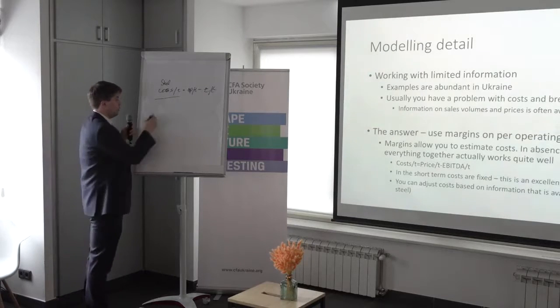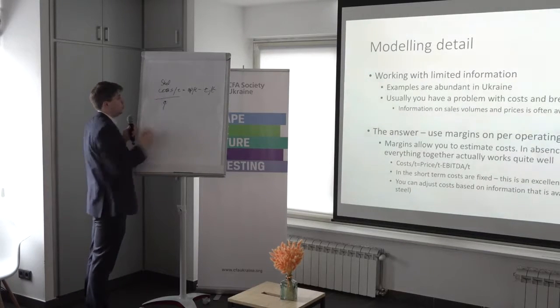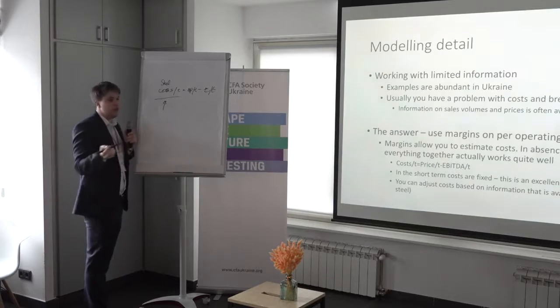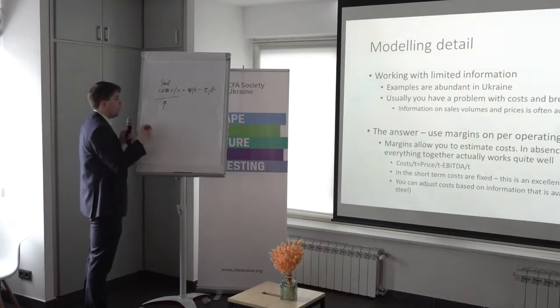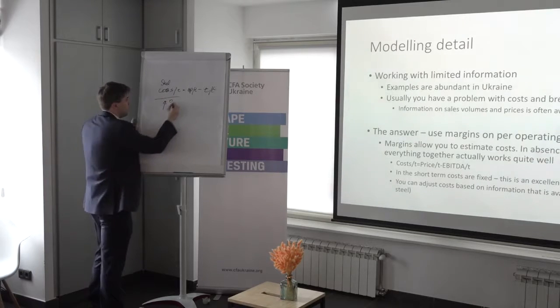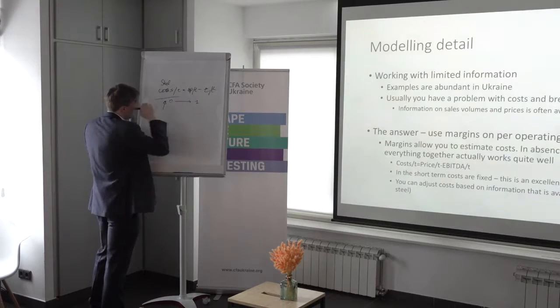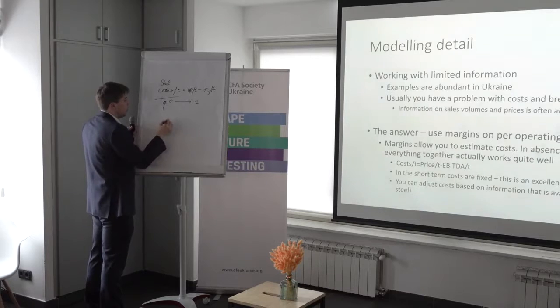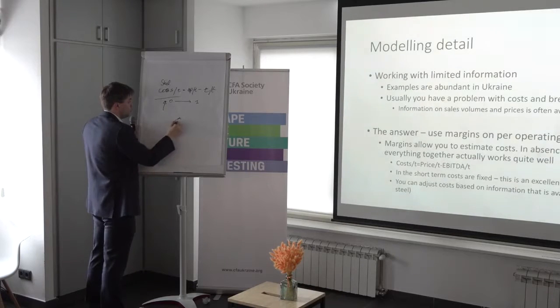If you know more, well, there you go. You know that ore, for example, goes into steel, so you can find out how much ore you need per ton of steel, and you can use that. Say this is period 0, and I'm moving on towards period 1, and I know that from period 0 to period 1, my iron ore went up by, say, 20%.